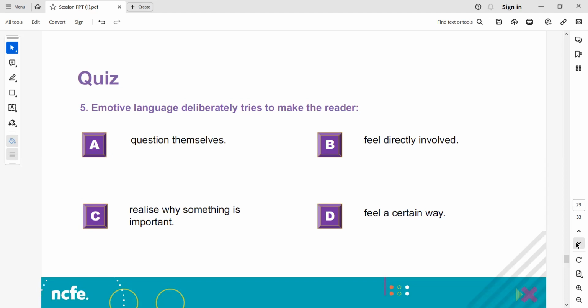We want to make them feel angry, so they'll support a cause. But by doing that, we do make them feel directly involved. Yeah. But also, that feeling directly involved would be using the direct address, so using you and we. Okay. But yes, definitely, it does do both things.